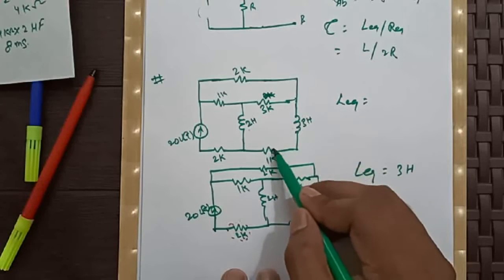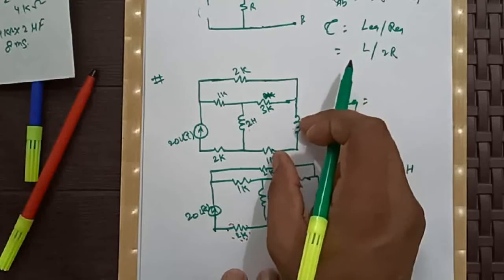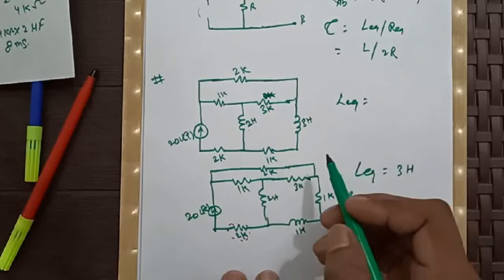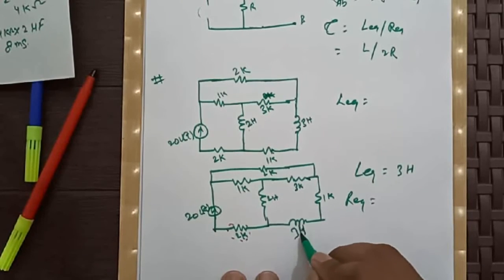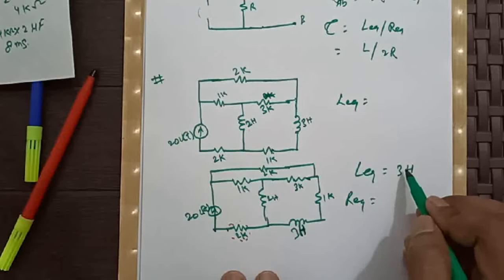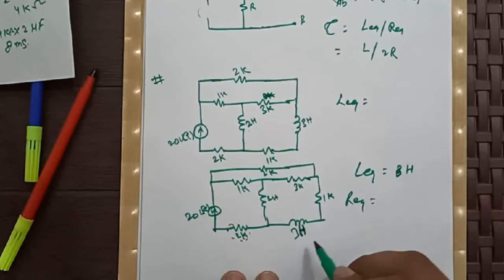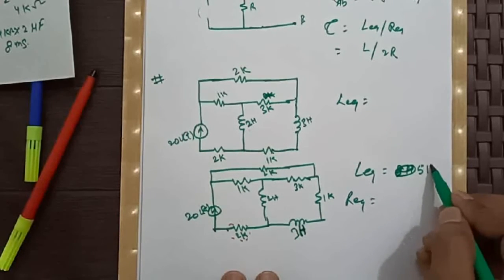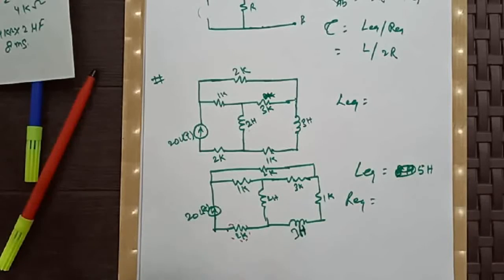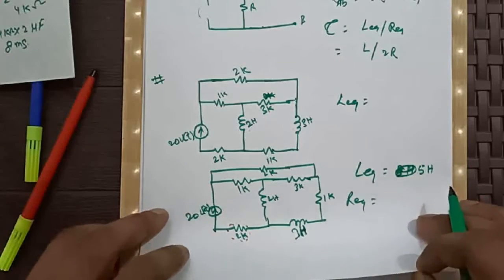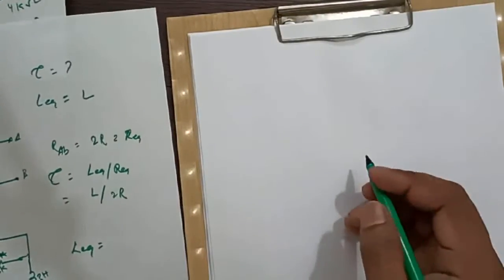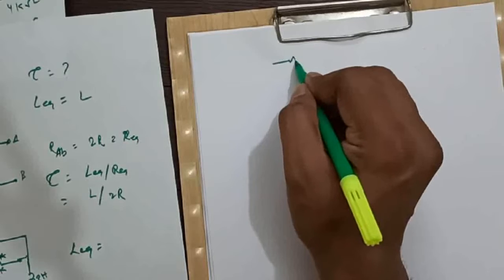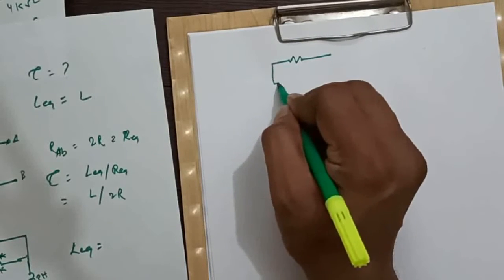Since this is replaced, we have only interchanged its position but not the magnitude, so this will be nothing but 3 Henry. So L equivalent will be 3 plus 2, 5 Henry. Now to find R equivalent, let us simplify this circuit, right? This circuit can be written as this.